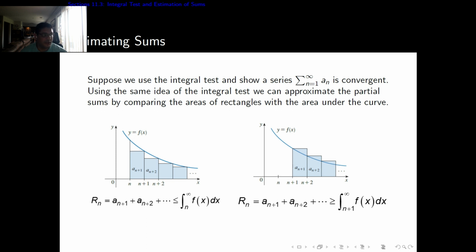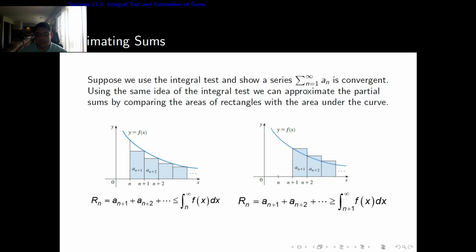So in this scenario, I can also find out how much the error is going to be for a particular sum. So for example, if I'm taking the sum of the first n terms, then the remainder of the rest of the terms is just going to be bounded by the integral from n to infinity, right?